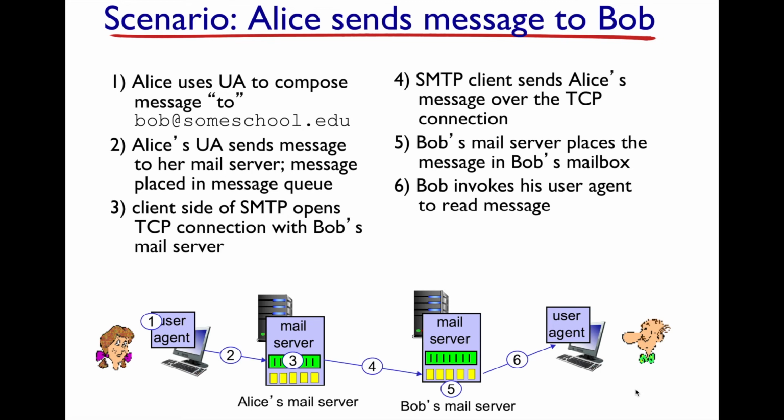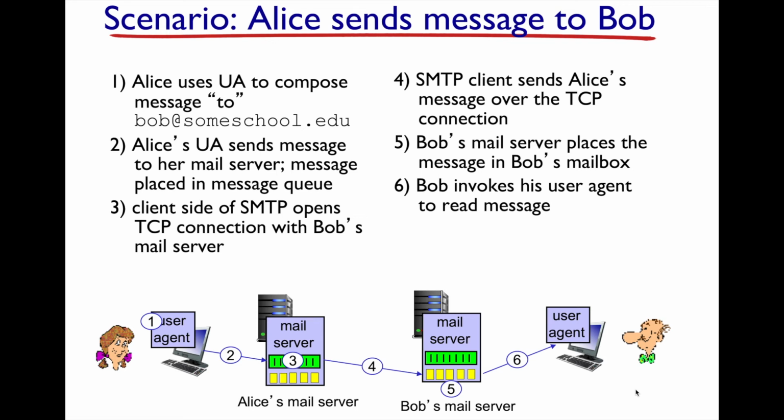Then Bob, at some point, opens up his user agent, his email program, and you notice here, Alice could send the mail and then detach from the network the moment that message is in the outgoing mail server queue. Likewise, Bob doesn't have to physically be present in order to receive mail.